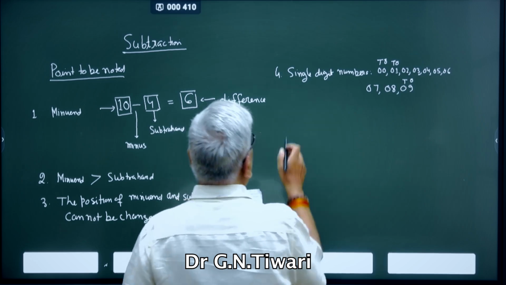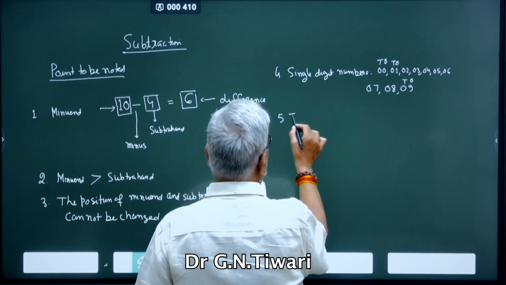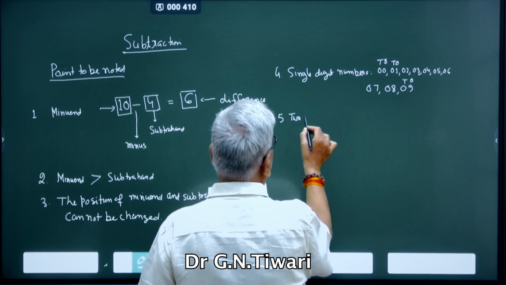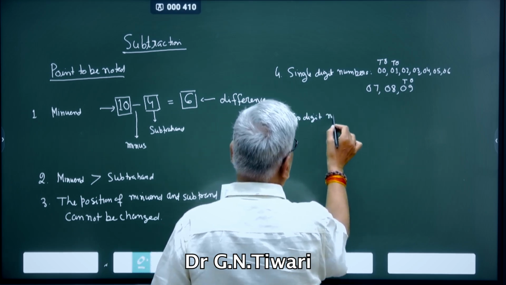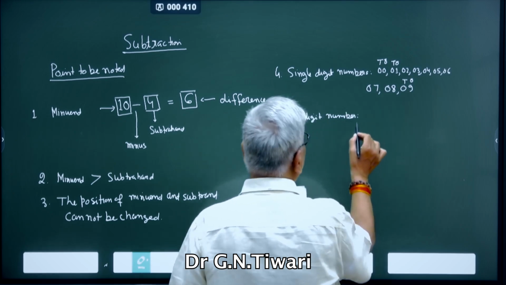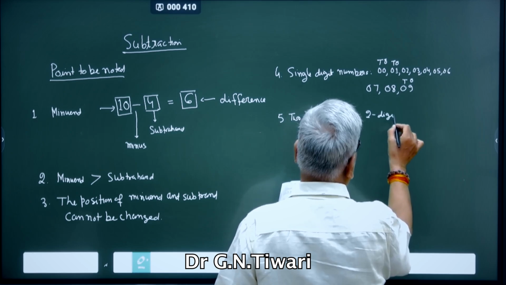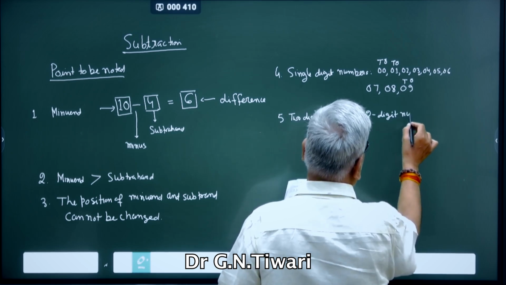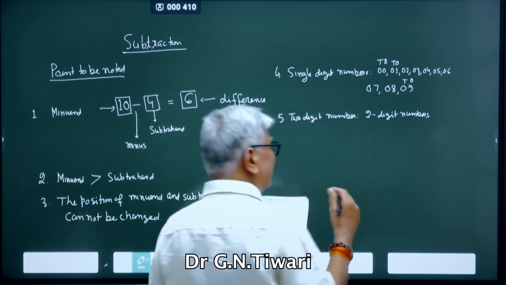The fifth point is 2-digit numbers. Generally, it is referred to as a 2-digit number. It is a convention. This I have also explained.